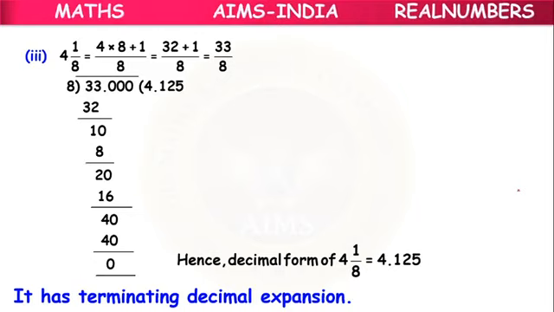Next children. So we have 4 1 by 8, which is a mixed fraction. First, let's convert it into a normal fraction. 8 4 times, we have to multiply, plus, again this 1 to be added. 4 8s are 32 plus 1, 33 by 8.